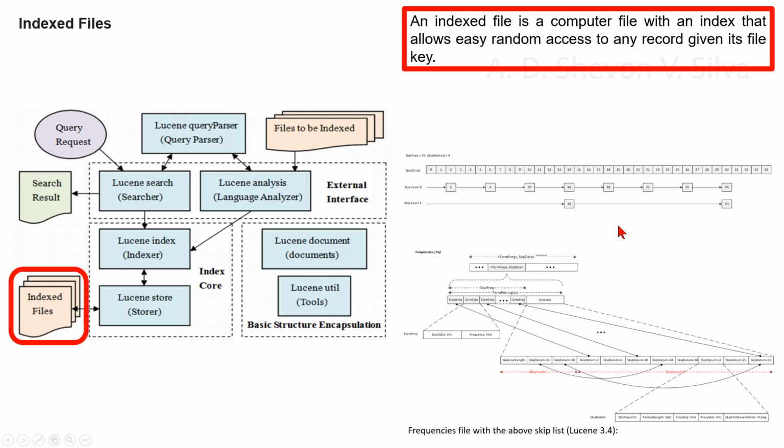For example, if the skip interval is 4, max skip levels equals 2, and doc frequency is 35, skip level 0 has 8 skip data entries, equal to 35 divided by 4 to the power 0 plus 1, containing the 3rd, 7th, 11th, 15th, 19th, 23rd, 27th and 31st document numbers in term freqs.